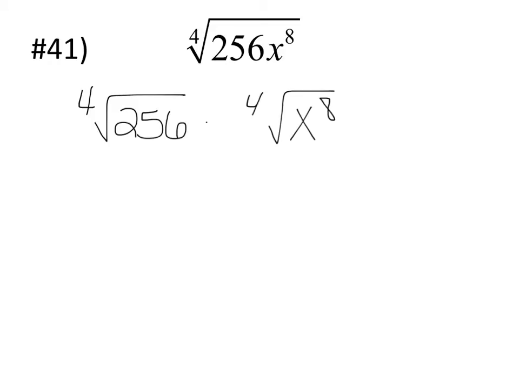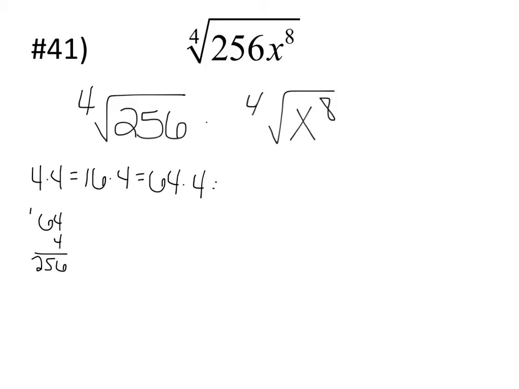Let's try 4. So we're going to do 4 times 4 is 16. Times 4, that'll be my third 4. 16 times 4 is 64. Times 4, I don't know what 64 times 4 is, 256.